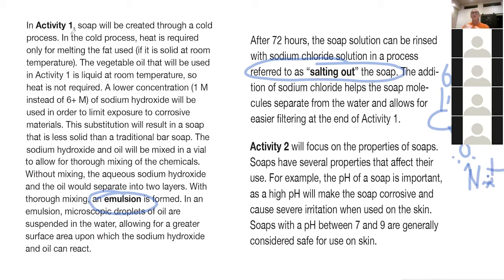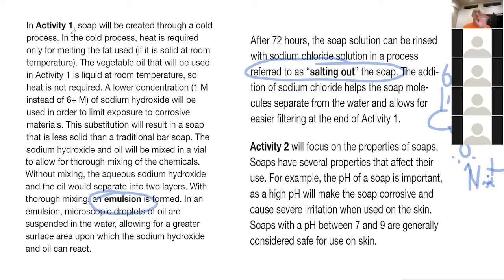When they're all bound to sodium, they form much better micelles. I drew you a really ugly picture of a micelle before; I'll show you a much prettier one. When you form better micelles, they better separate themselves from the water, because we want to filter out the water and be left with our soap.